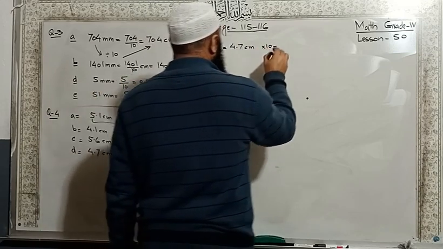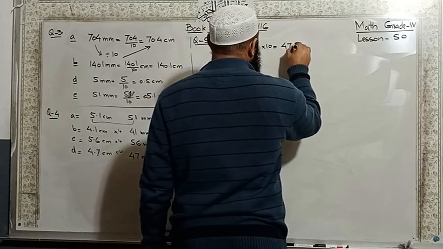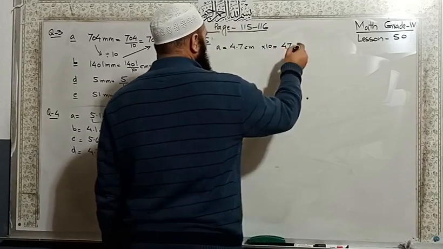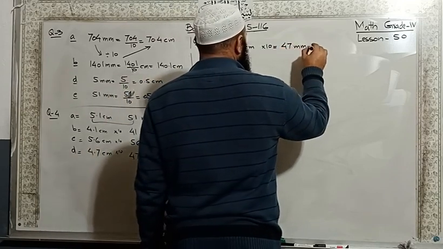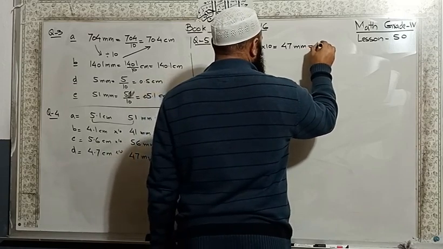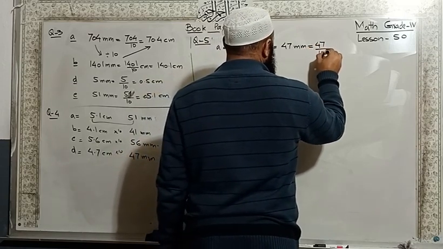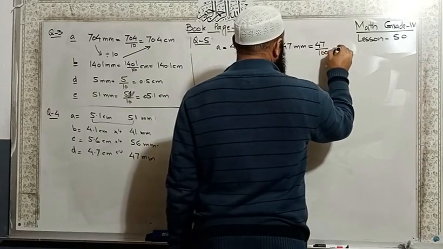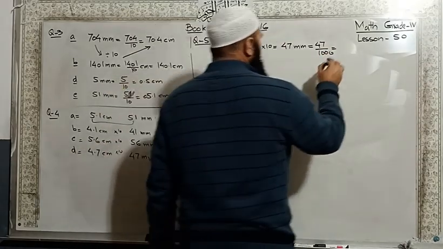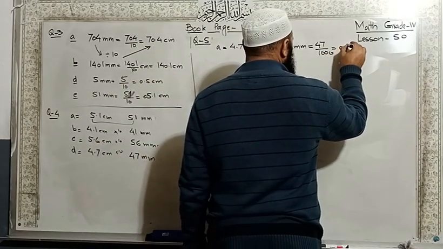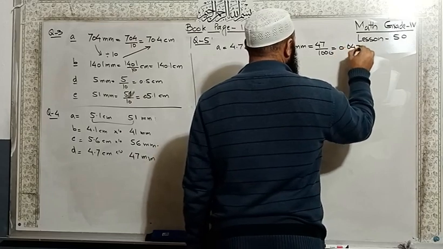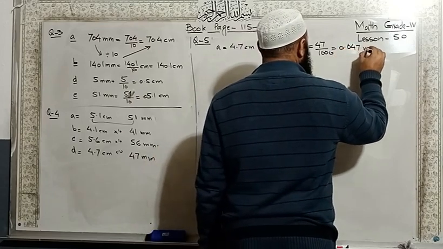This will become 47 millimeters, and now we will divide this by 1000. 47 over 1000, we will get 0.047 meters.